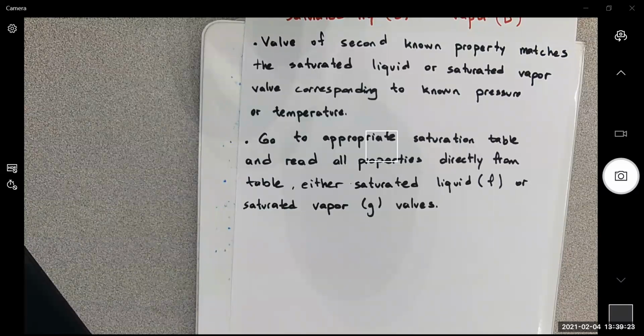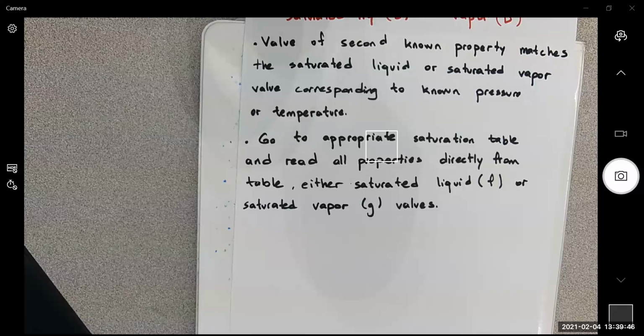Let me show you the other one too. For SI units, let's talk about water.